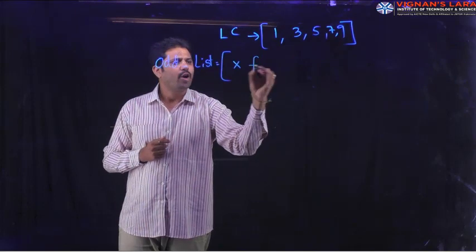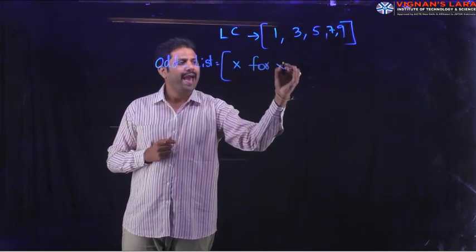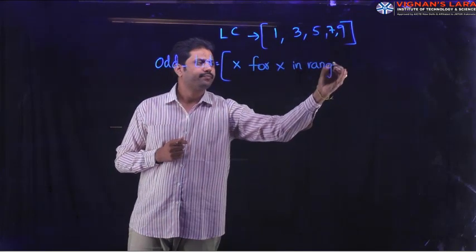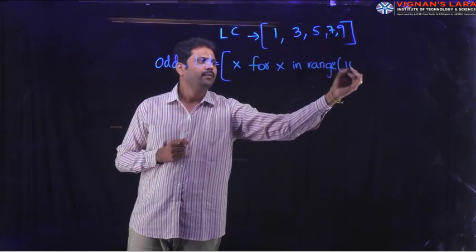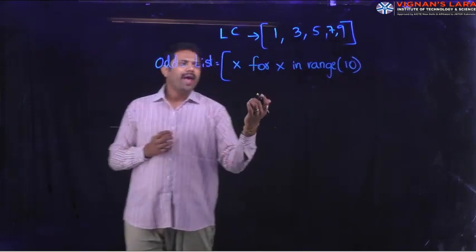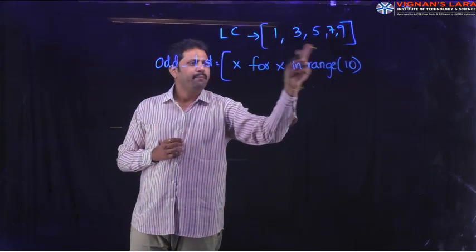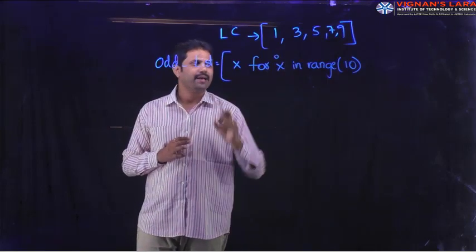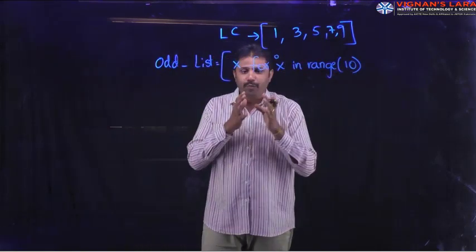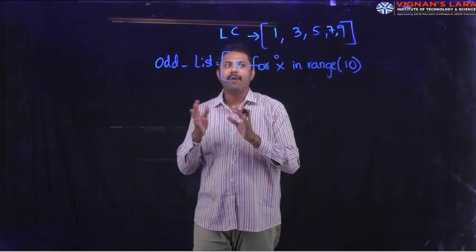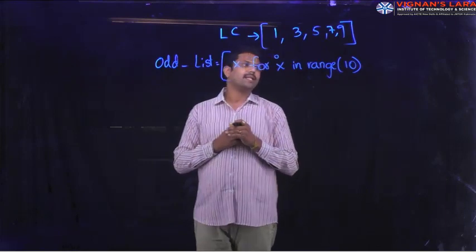Now I start my for loop: for x in range of 10. Let us observe what happened. For the first time x contains 0, for the second time 1, 2, 3 like this, and after that you have to check the condition whether that element is an even number or an odd number. How to check the condition?